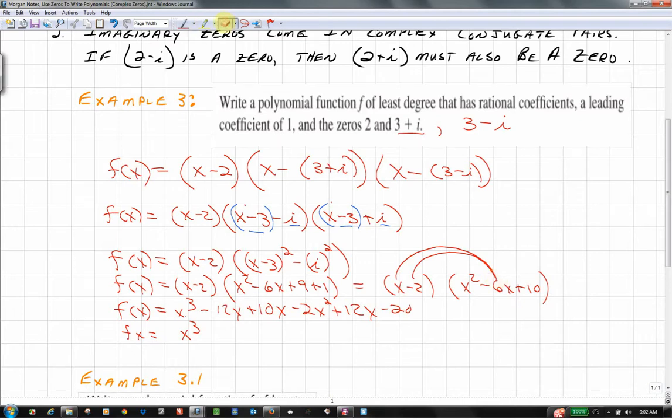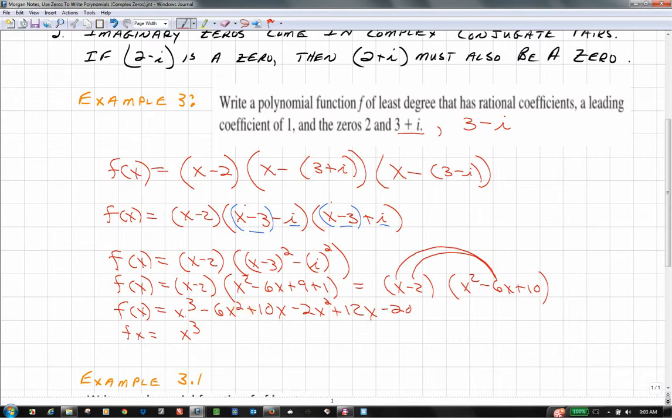I got x cubed, then x times a negative 6 is a minus 6x squared, then 10x, a negative 2x squared, and a plus 12x. So I think that's right now.